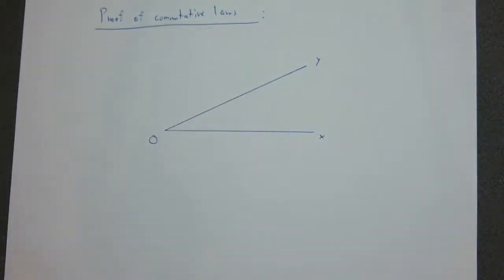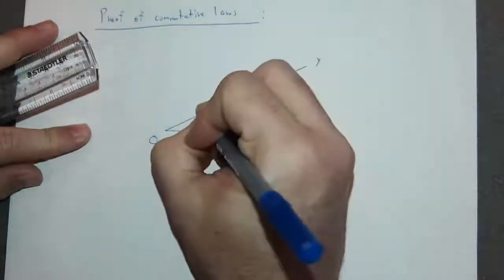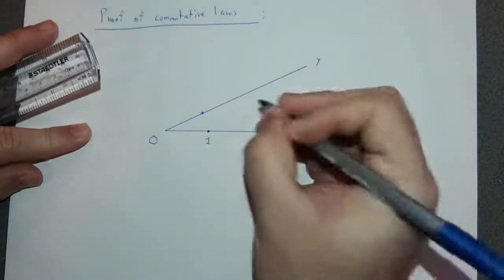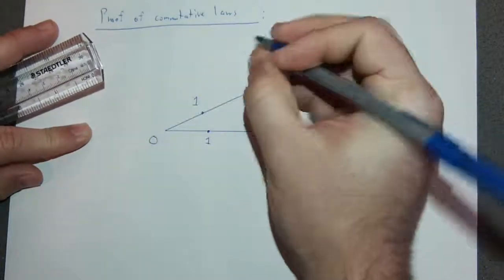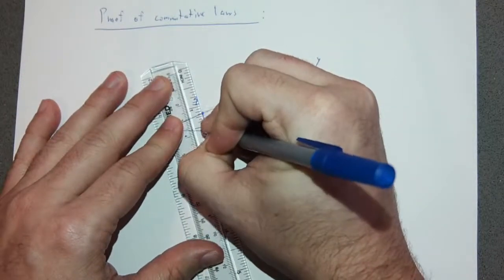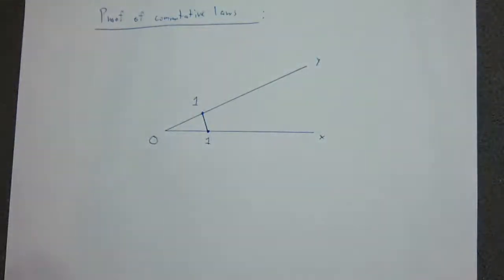I choose points 1 on the x and y axes, so there they are. There's 1 on the x-axis, there's 1 on the y-axis. I draw my correspondence line connecting those 2 points. Okay, so I'm happy with that.